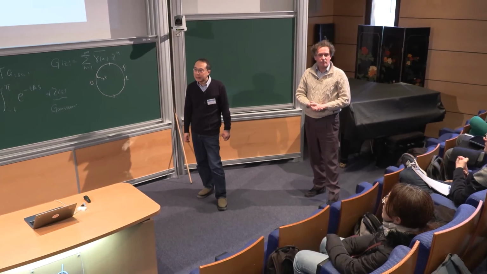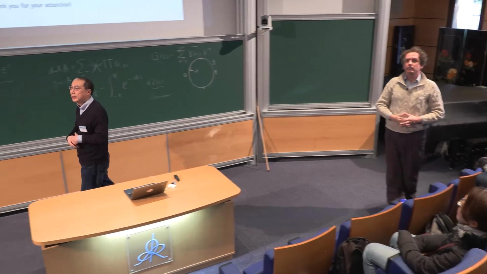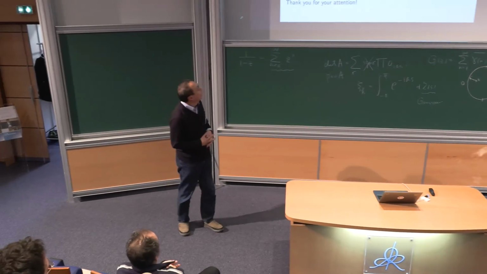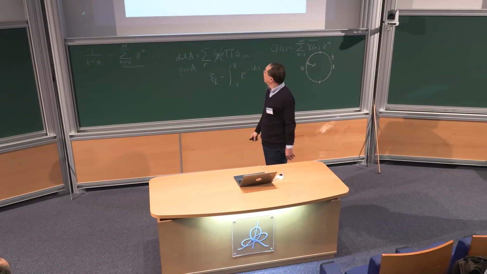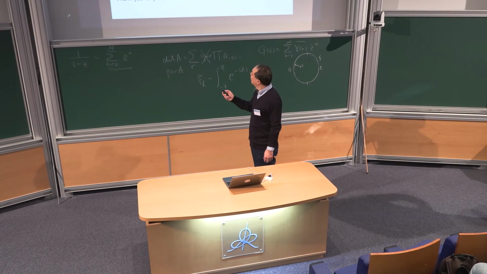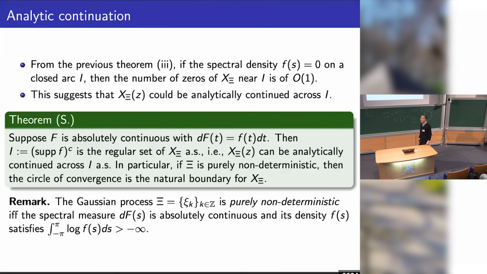So, are there any questions for Tomoyuki? Can you encode your last result, the integral of the logarithm? It's a kind of Szegő condition. Can you encode or translate this result using Verblunsky coefficients of the spectral density? You have a function on the circle, you can compute its Verblunsky coefficients, and can you translate your results using the behavior of the Verblunsky coefficients?